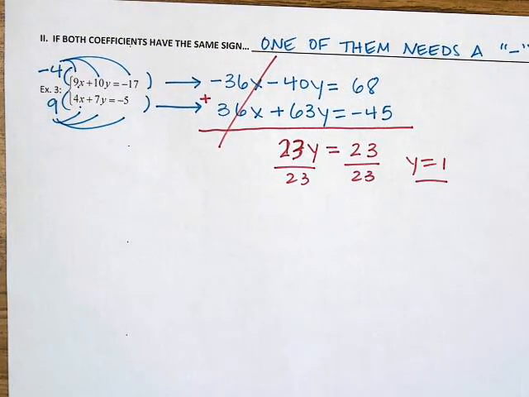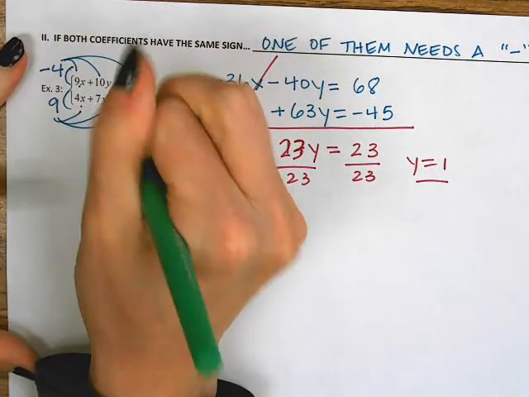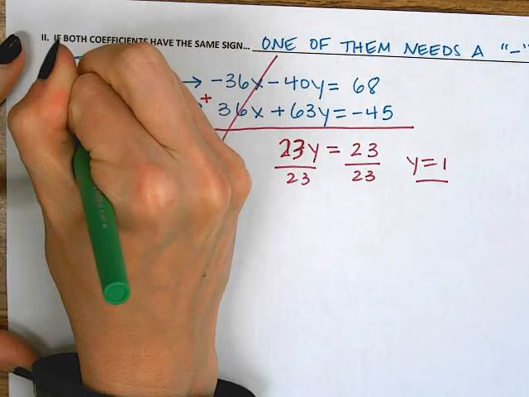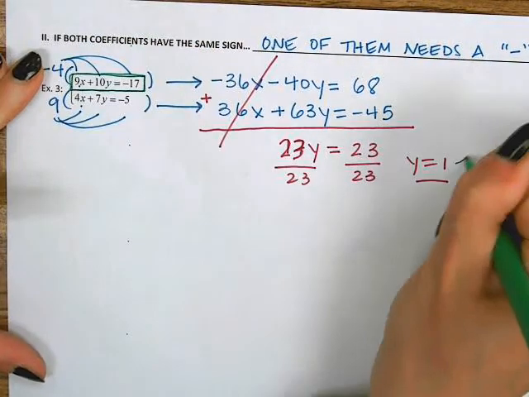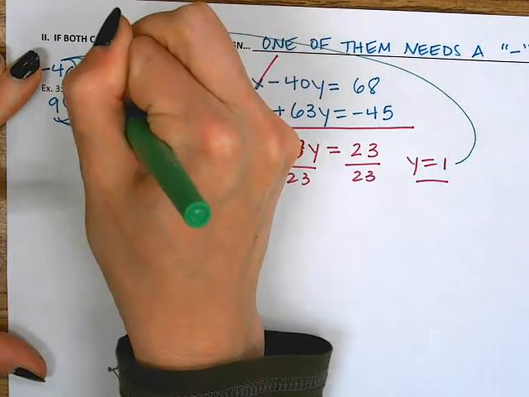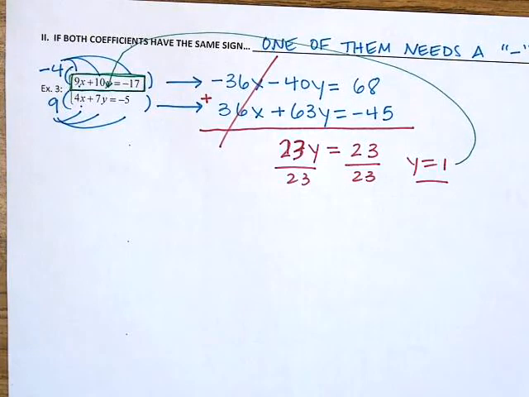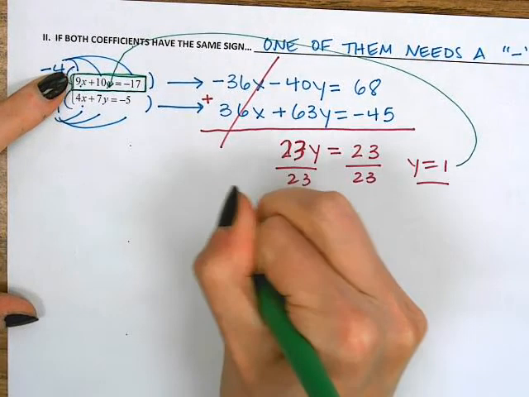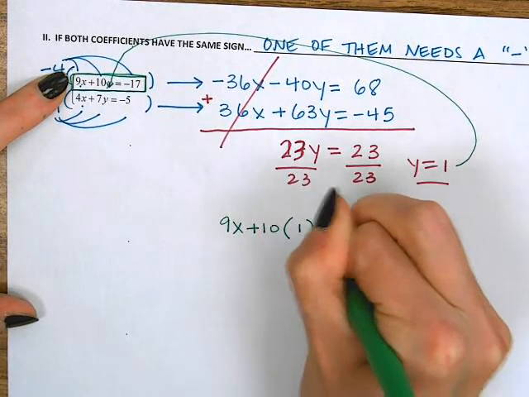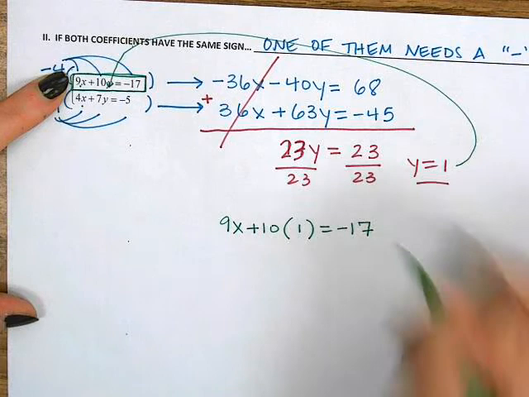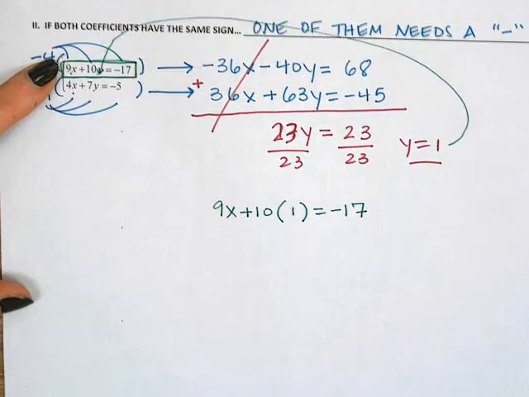All right, let's plug that puppy in and let's get x. I'm going to pick the top original. And if y is 1, I'm going to plug 1 into y. So now we're at 9x plus 10 times 1 equals negative 17. And this is very easy to solve.